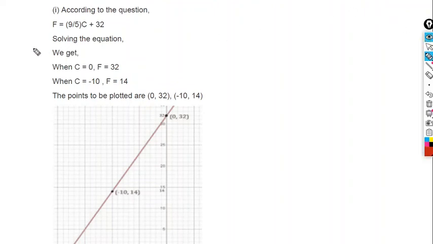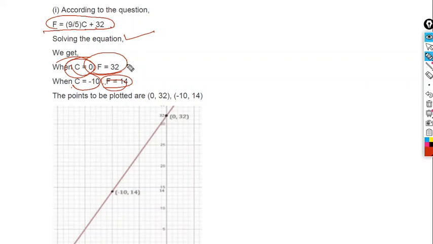The equation was F equal to 9 by 5 C plus 32. So we'll solve the equation. Let C equal to 0. Taking C equal to 0, we found F equal to 32. Now taking C equal to minus 10, we found F equal to 14. We can find these points by calculation.